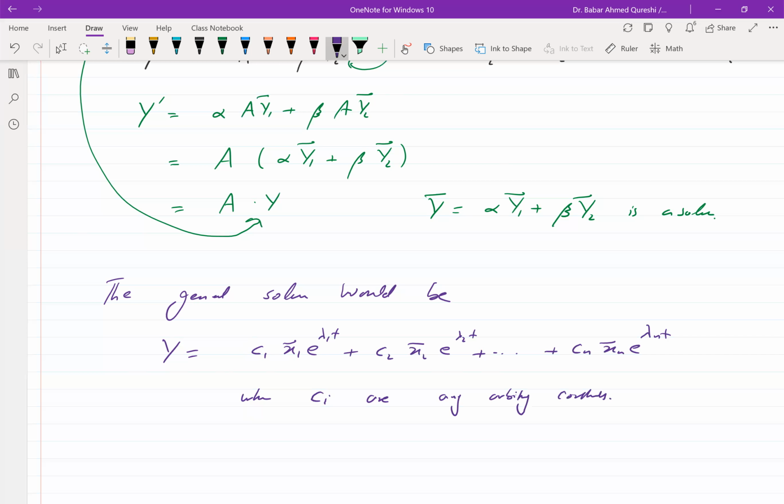Again, if you are given n initial values for these functions at t is equal to 0, then you can find C1, C2 up to Cn.